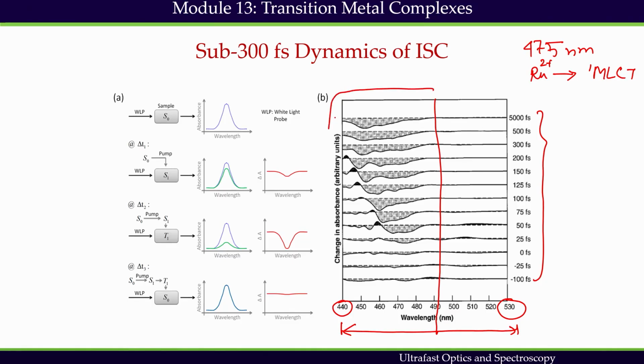A bleach begins to evolve at 470 nanometer near delta t equals 0, and grows substantially in intensity by delta t 50 femtoseconds. So, by 50 femtoseconds this bleach signal is growing.